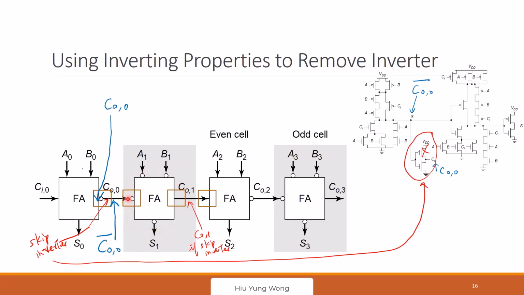As long as we make all the inputs negative and negate them, then the output will be negated also. But if we remove the inverter again, the output will be carry out 1. And this can go to this cell, and we just keep repeating. So basically, this chain just removes all the inverters. Is this okay? Any questions?